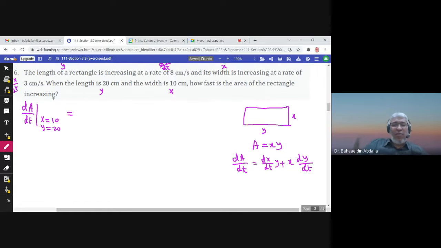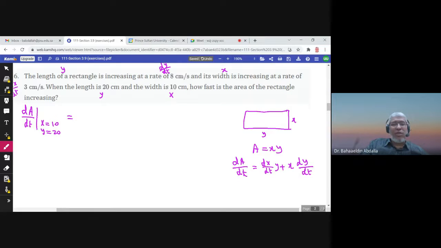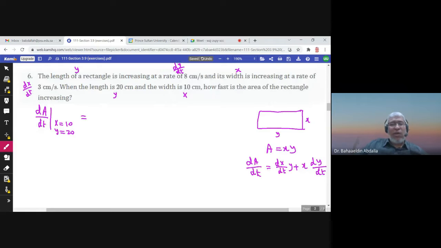So dA by dt when x is 10 and y is 20 is dx by dt, which is 3, times y, which is 20, plus x, which is 10, times dy by dt, which is 8.